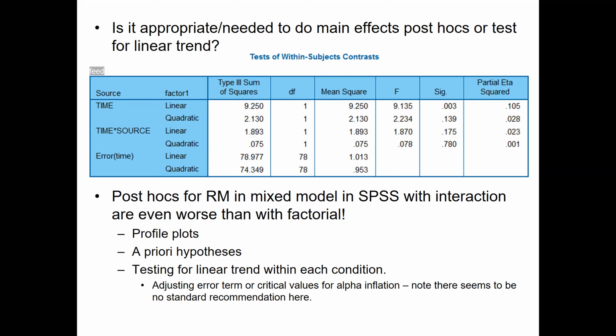But often with time, you want to see whether there's continued growth versus some kind of plateauing effect. So in this case, the linear trend is a pretty good thing to examine. And in this case, we do have a significant linear trend. In other words, there's a consistent change from time to time in self-efficacy.